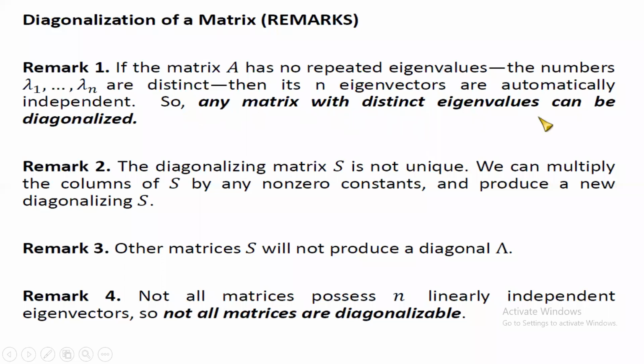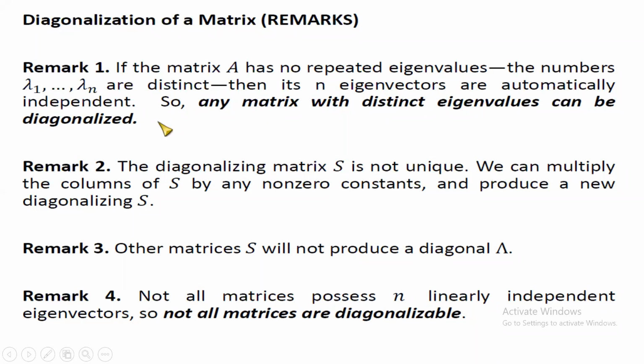Any matrix with distinct eigenvalues can be diagonalized. So if we have a matrix with different eigenvalues, then that can be easily diagonalized.